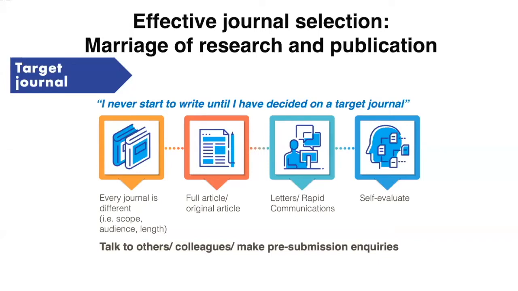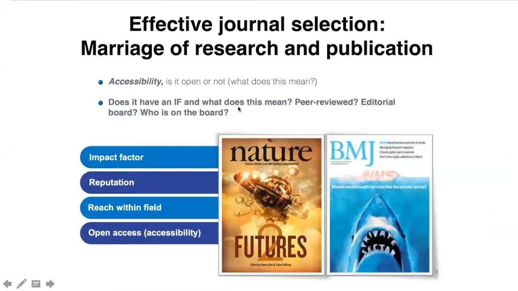One of the things that we recommend authors around the world get into the habit of doing is writing to editors before making submissions to assess the suitability of their articles for particular journals. That's an important point as you begin thinking about journal selection.